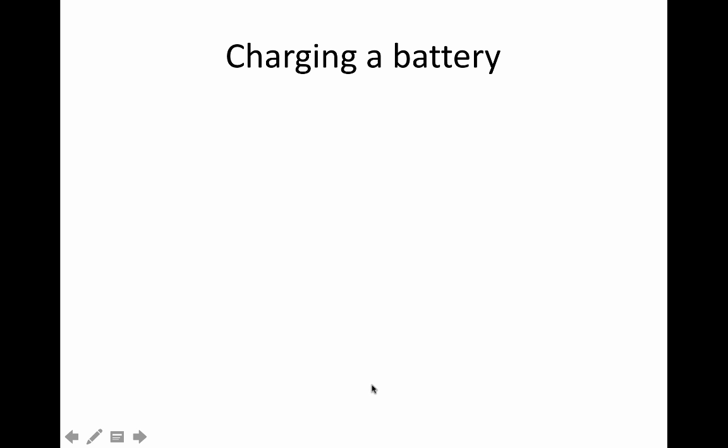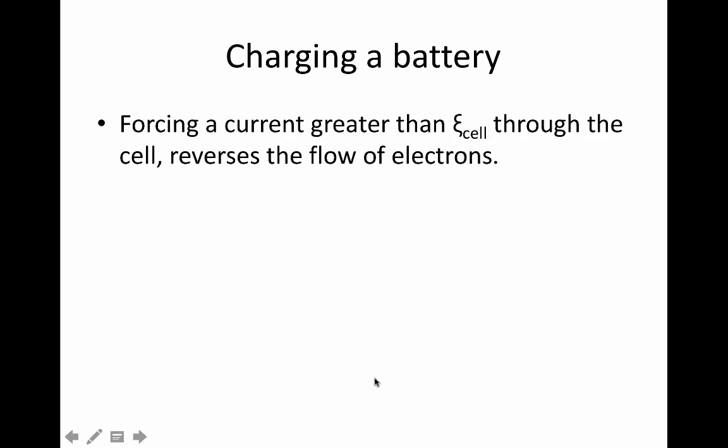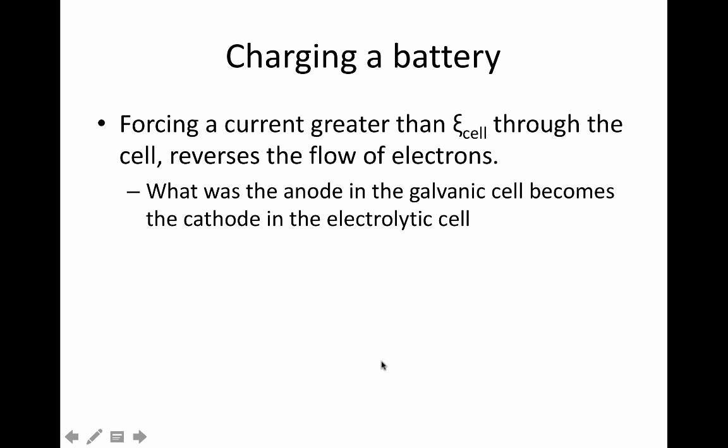So what happens when you're charging a battery? Well, to begin with, you have to use a current that's greater than the cell potential through the cell to reverse the flow of electrons. When you reverse the flow of electrons, what was the anode in the galvanic cell becomes the cathode, because that is now the site of reduction, and what was the cathode now becomes the anode, because that's now the site of oxidation.